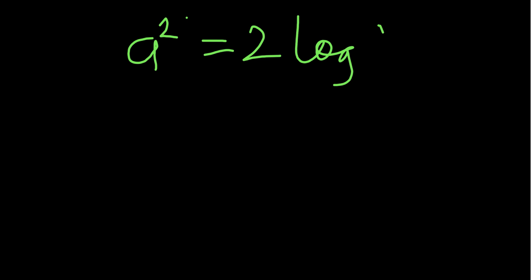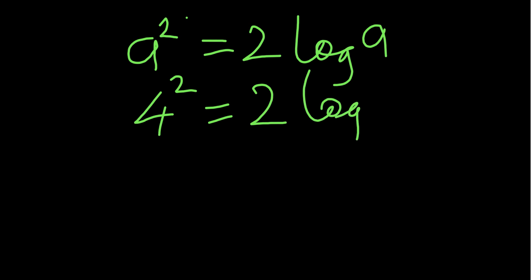Today, we'll be talking about powers and the roots of logarithms. When you have something like a raised to power 2, this in log form means 2 multiplied by log a. So maybe you have something like 4 raised to power 2, it is equal to 2 log 4.